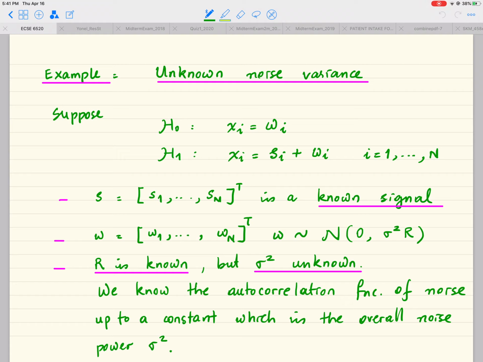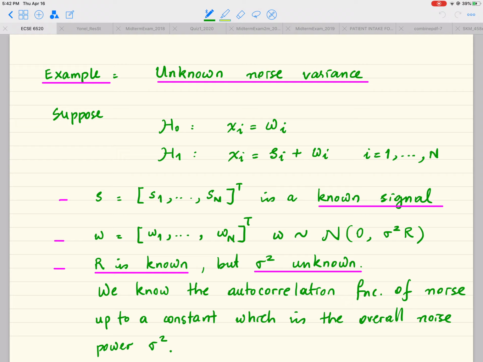This is a classic problem that you would encounter in wireless communication, where you are sending a signal S sub i as a bit, a symbol of the bit, and as it travels through the channel, it gets corrupted by additive noise, W sub 0. Or you may be simply observing the ambient signal, that there is no signal, okay?